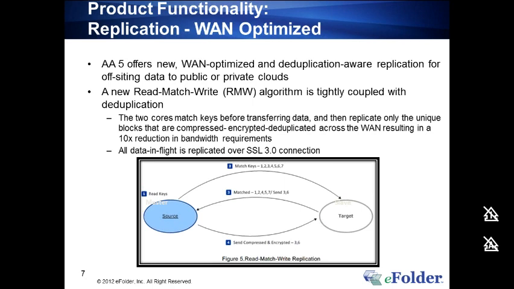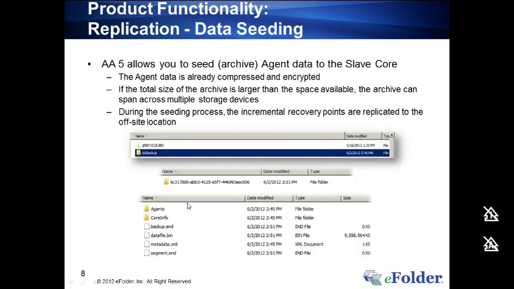So when we're talking about deduplication, we already have deduplication established right here with what we're sending over the WAN, because we're only sending over what is not present on the target environment. Another major talking point is that we replicate over SSL 3.0 for all of our data transfers.